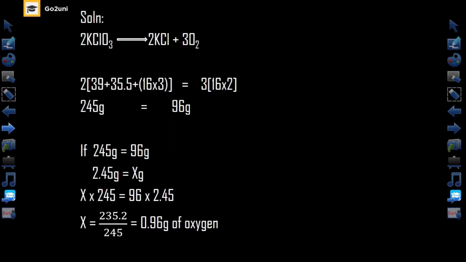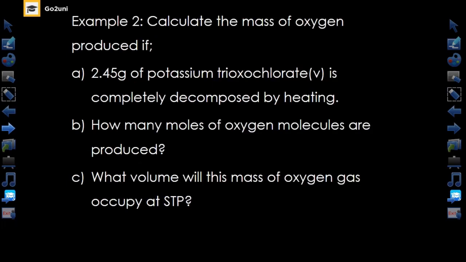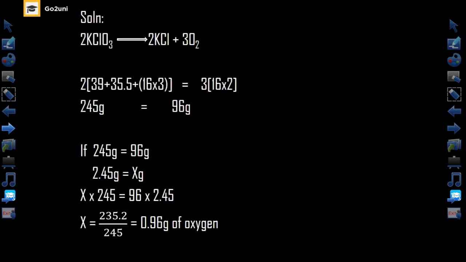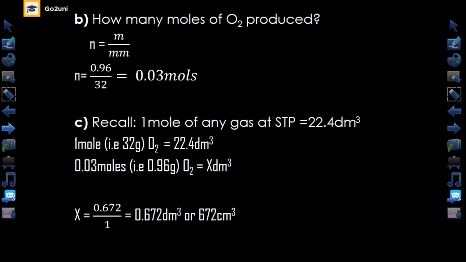The last part of the question says, what volume will this mass of oxygen gas occupy at STP? That is to say, that mass of oxygen, which is 0.96, what volume will it occupy at STP? We are clear that 1 mole of any gas occupies 22.4 dm cube.